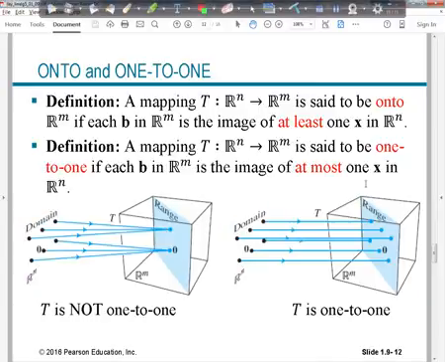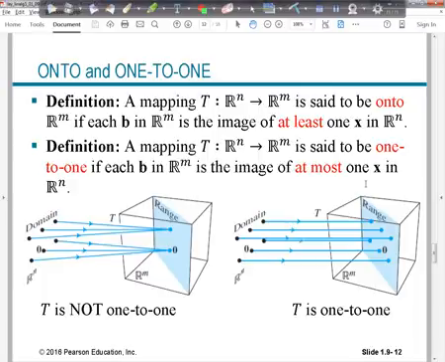In the case of one-to-one, we don't consider whether we cover the entire space or not. We only focus on the elements in our range.